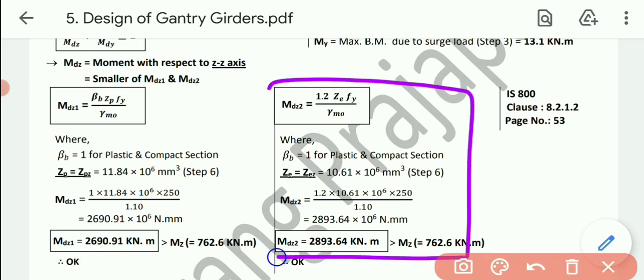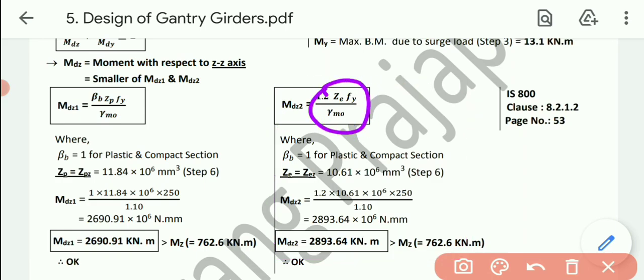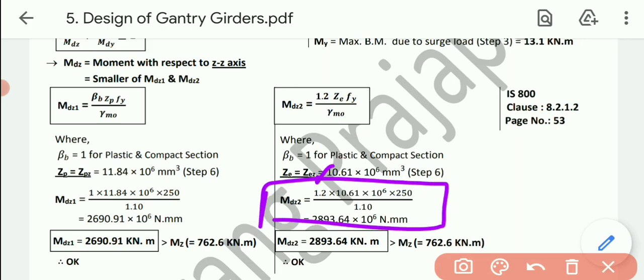Similarly we need to calculate MdZ2. The formula is this one. Let's put down the values. Ze equals Zez, that is 10.61 into 10 raised to 6 mm cube as per step number 6. So for MdZ2, 1.2 Ze, that is 10.61 into 10 raised to 6, fy is 250, and gamma m0 is 1.10. By simplifying I get MdZ2 as 2893.64 into 10 raised to 6 Newton mm.